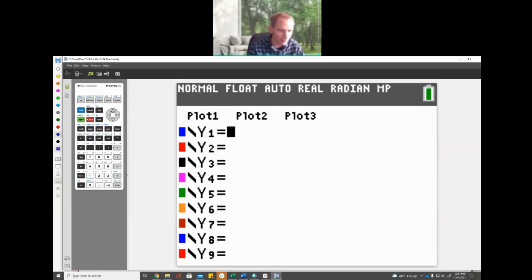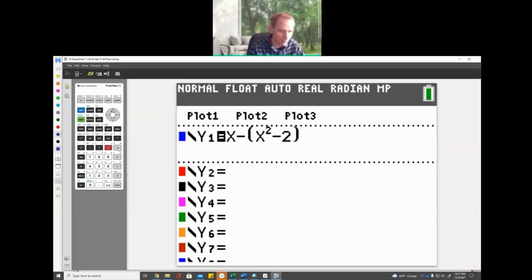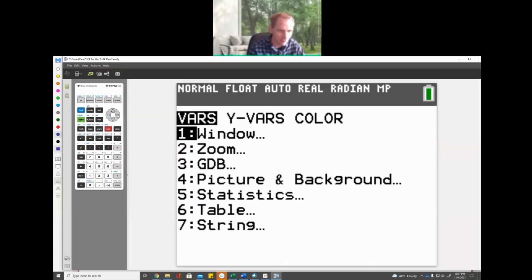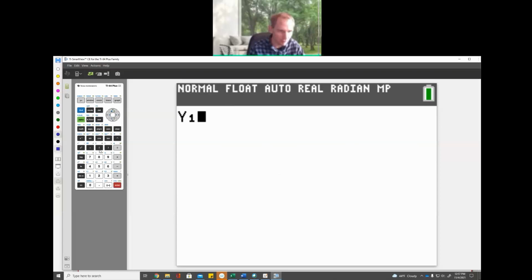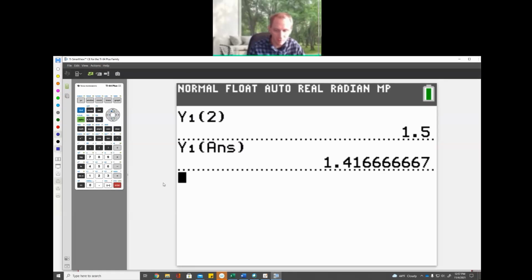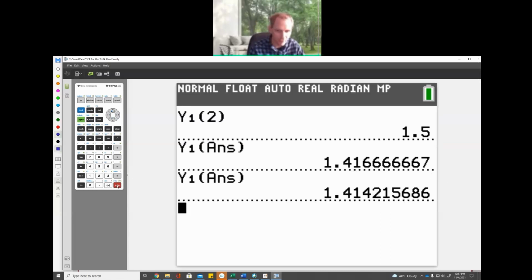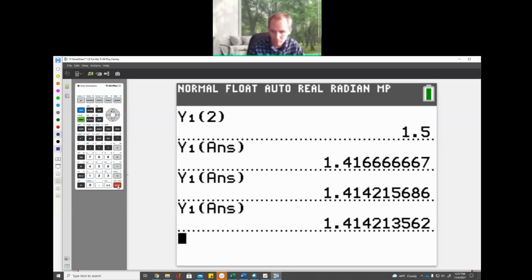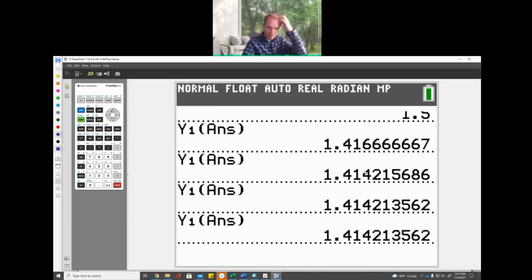Our formula was x minus (x squared minus 2) divided by 2x. So when I plug in my y1 function, we started with 2, and we got 3/2, which is 1.5. And if I plug in my previous answer as my new input, my next one is 1.416 repeating. And then we get a few more guesses.